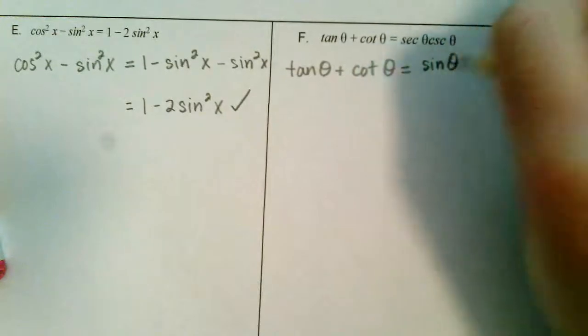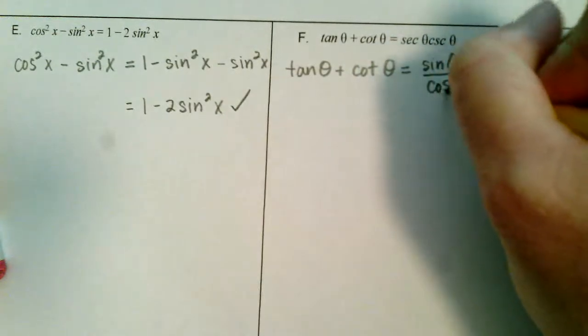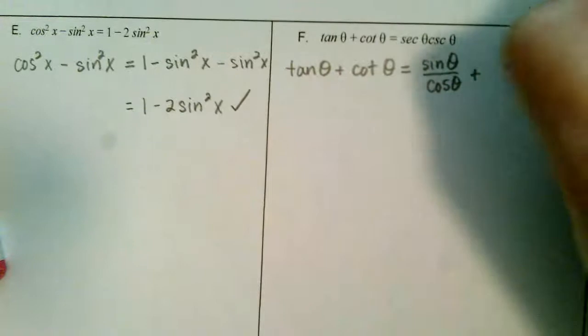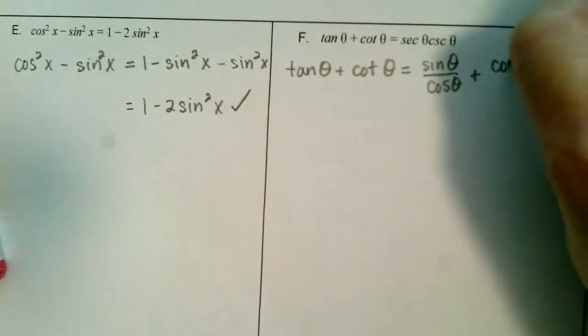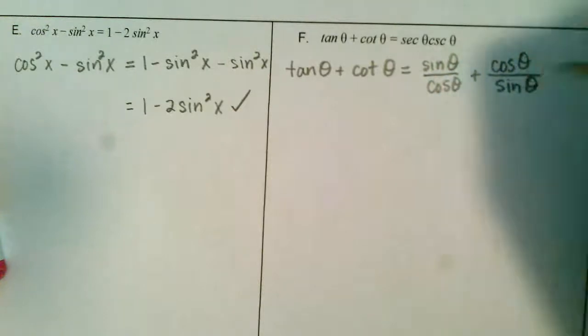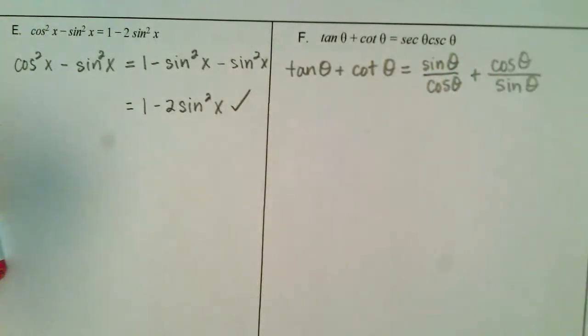So I have sine theta over cosine theta plus cosine theta over sine theta. Okay, I don't think this is super intuitive. I think this is something that the more of these you do, the better you get at them and you see the same tricks. So my advice is definitely to keep up with it as much as you can.